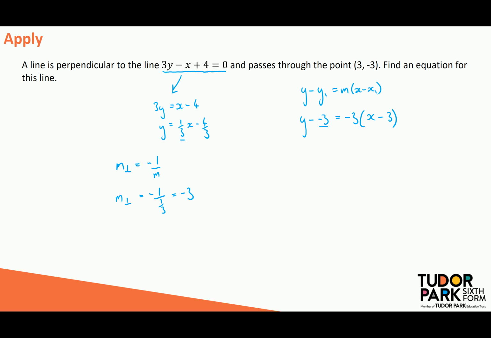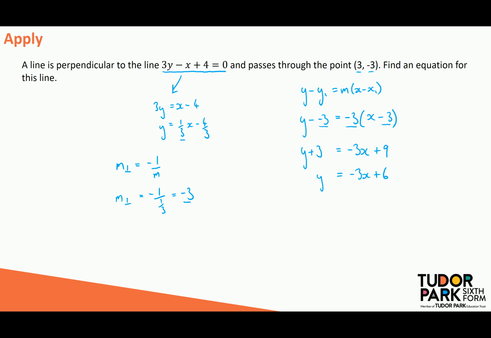So the 3 here comes from the y value, the negative 3 here comes from the perpendicular gradient, and the 3 here comes from the x value. What does that give me? Well, that's y plus 3 is equal to minus 3x plus 9, and rearranging that, y is equal to minus 3x plus 6.